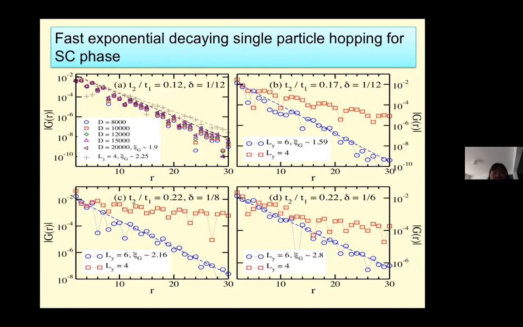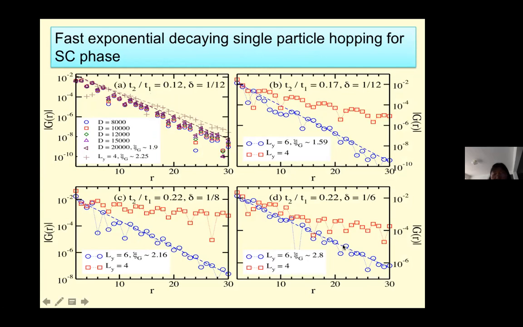For the coexisting phase, we have fast exponential decay of single particle hopping. And the single particle hopping decays much faster as we move from Ly equals 4 to Ly equals 6.